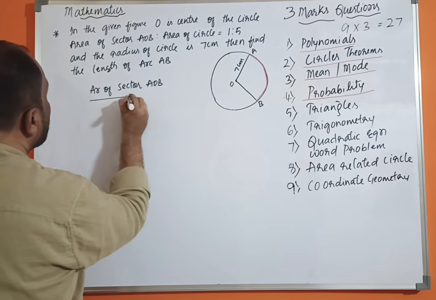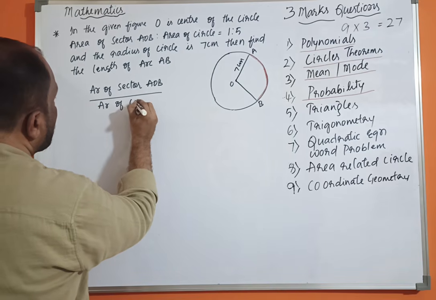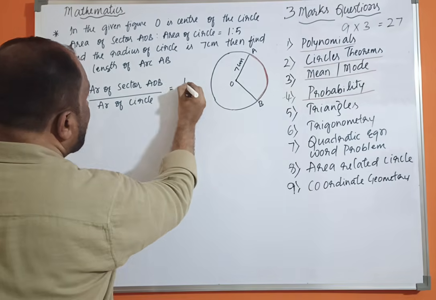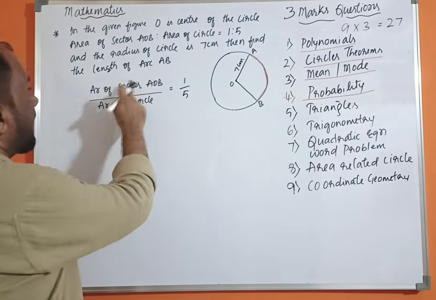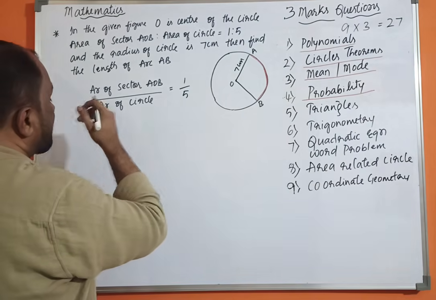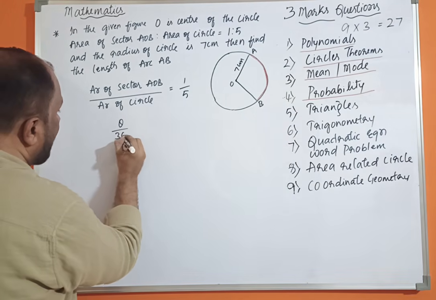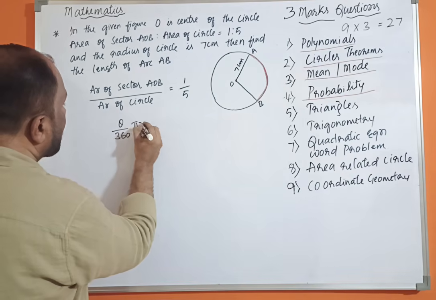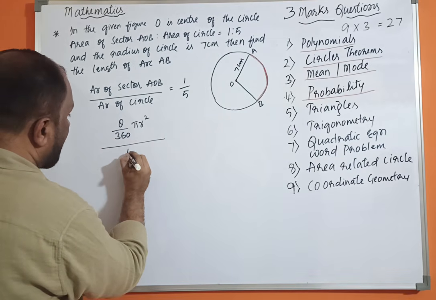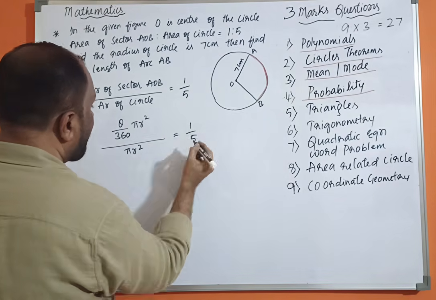AOB divided by area of 5. So area of sector AOB. What is the area of sector formula? Theta by 360 pi r square divided by area of circle formula pi r square is equal to 1 by 5.